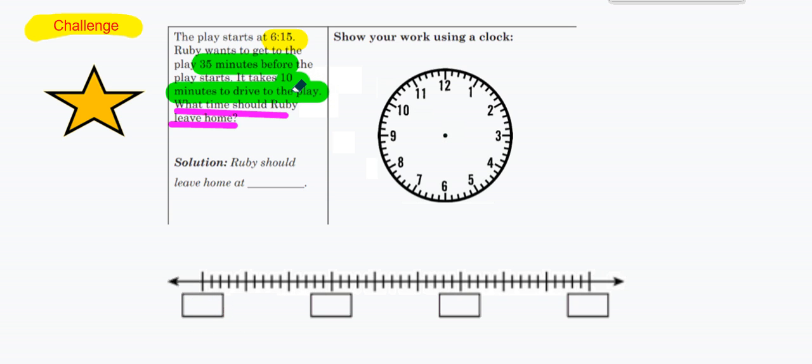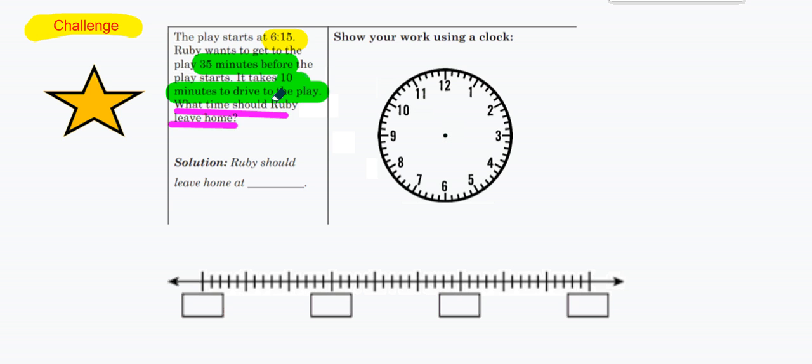But the problem is talking to you about how long before the play begins Ruby wants to be there. Okay? She wants to get to the play 35 minutes before it starts.